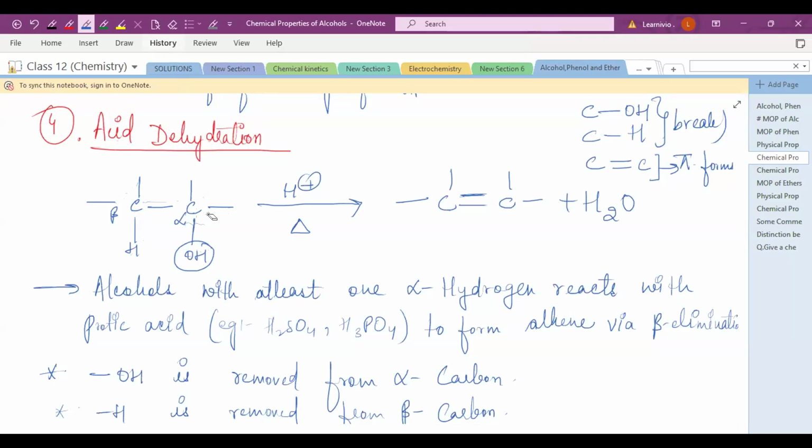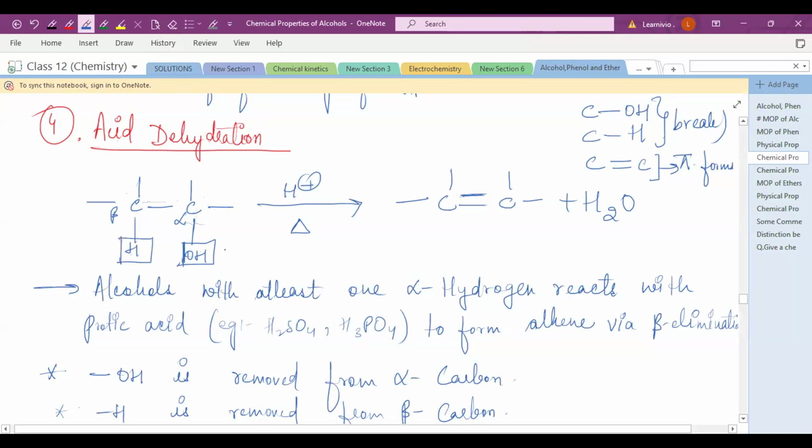In the beta elimination reaction, basically this is an acid dehydration, so at last you have to dehydrate. Basically you have to remove water from this alcohol. So you will remove the OH from the alpha carbon, and from the beta carbon, you will remove one hydrogen.